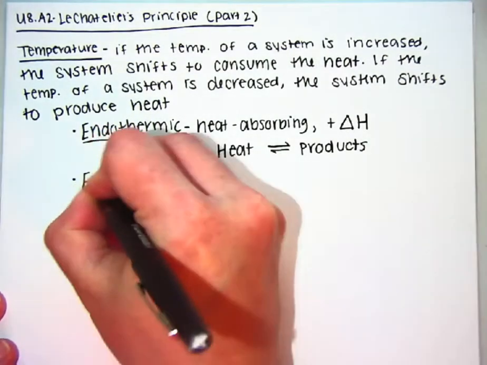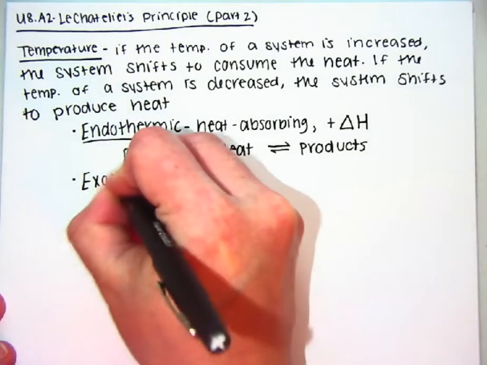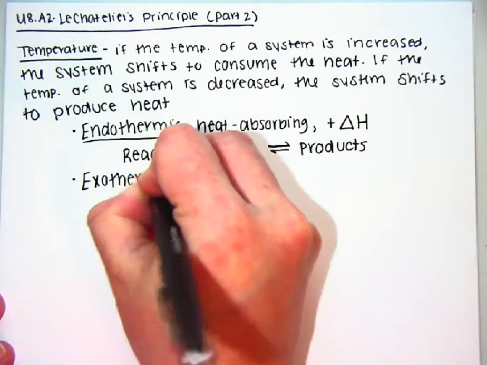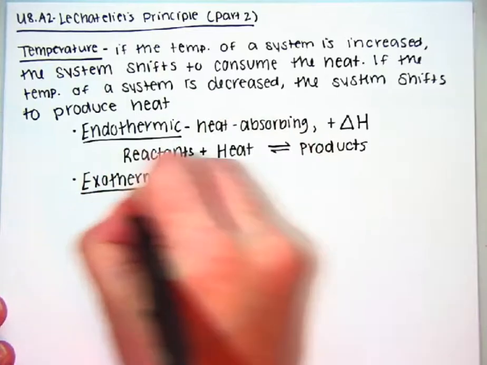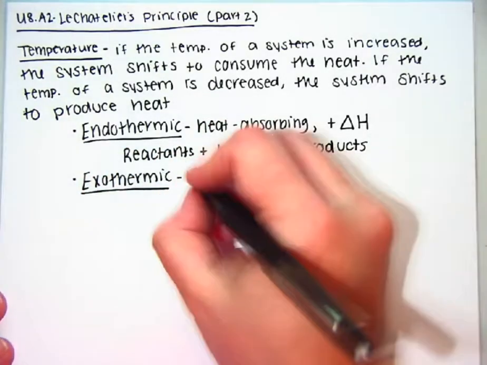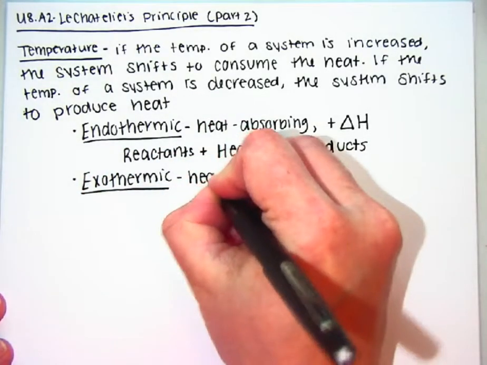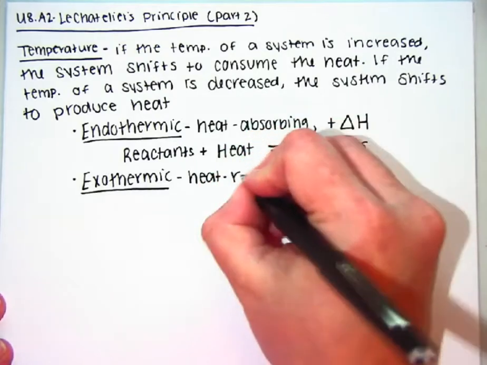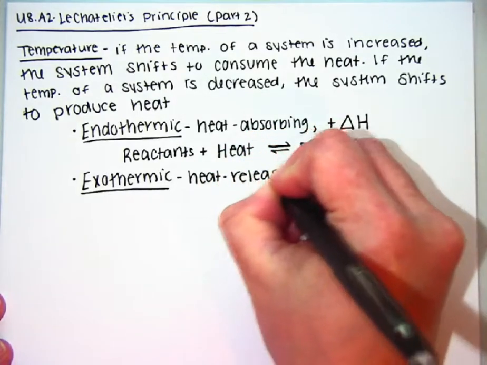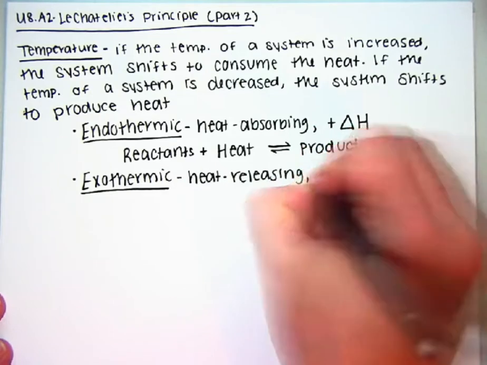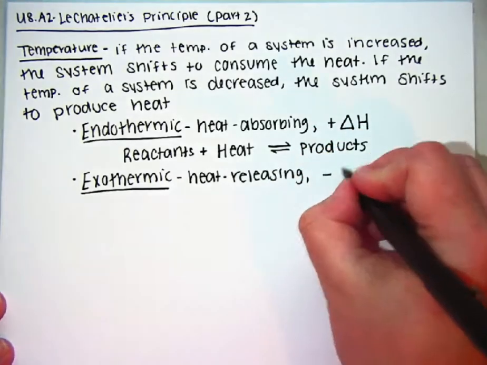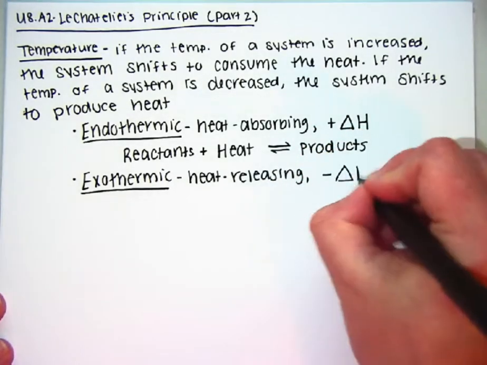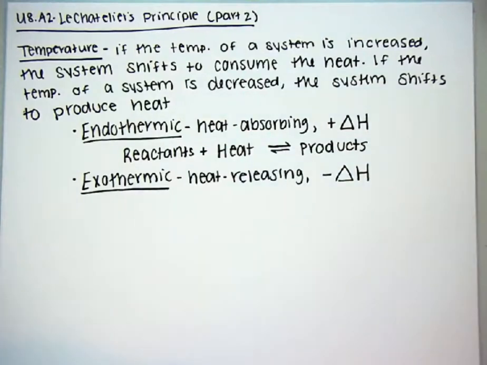Some reactions are exothermic. Think of exo like exiting. We're exiting that heat, or heat is being released. Exothermics are heat releasing. We can identify an exothermic reaction because delta H would be negative.